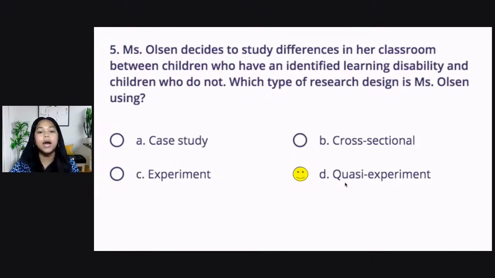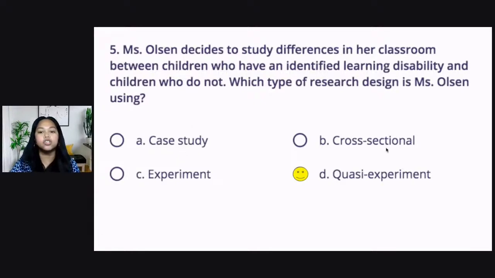So quasi po yan, pag yung difference between the two groups happen naturally and they've already existed prior to the study. Andyan na, no? Prior to the study, meron na silang pagkakaiba. Merong may disability, merong walang disability. So letter D po ang ating hinahanap dito, quasi-experiment po ang ating hinahanap. Okay? So hindi siya case study dahil marami yung kanyang pinag-aaralan.